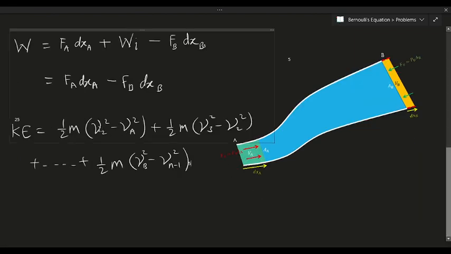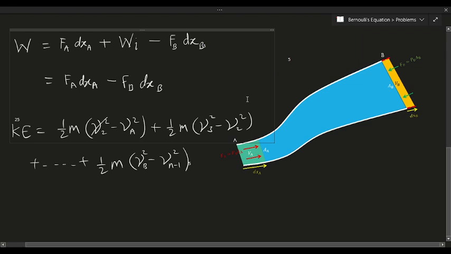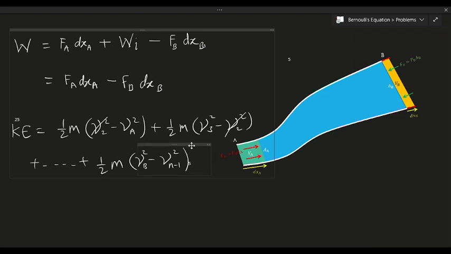Note that V2 square is positive here and negative here, so they cancel out. Similarly, V3 square will cancel, V4 square will cancel, and only the Vb square will remain, because there is no other term in which Vb square would cancel. The Vn minus 1 square term is present in the previous term with a positive sign, so it will cancel with it.